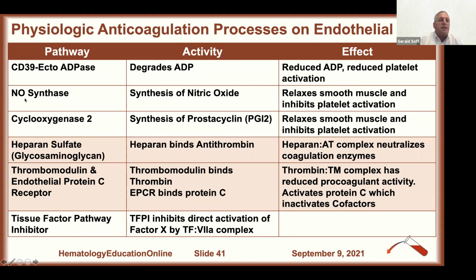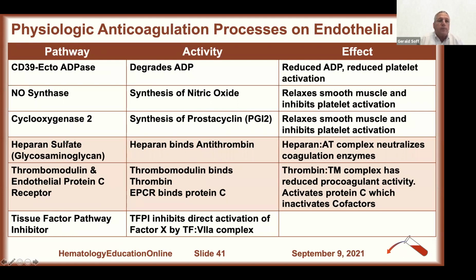Endothelial cells synthesize nitric oxide. Nitric oxide also inhibits smooth muscle contraction and also inhibits platelet function. Cyclooxygenase reduces smooth muscle tension and inhibits platelet function. So these all work to inhibit platelets, which we're not going to discuss today.